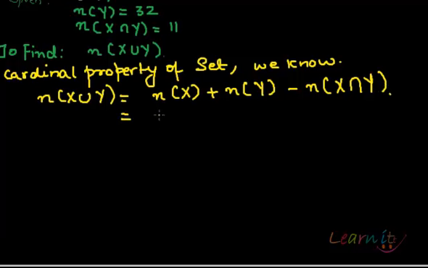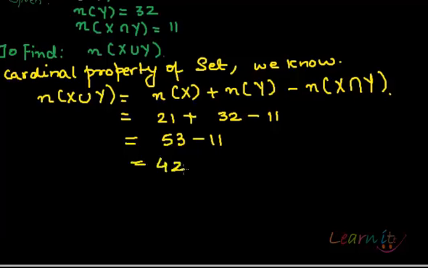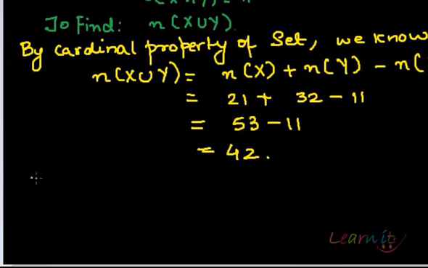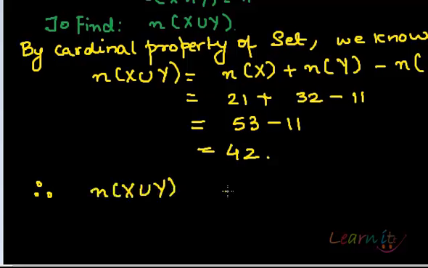So what would this be? 21 plus 32 minus 11. So what is this essentially? This is 53 minus 11, which gives you 42. So the union consists of 42 elements.